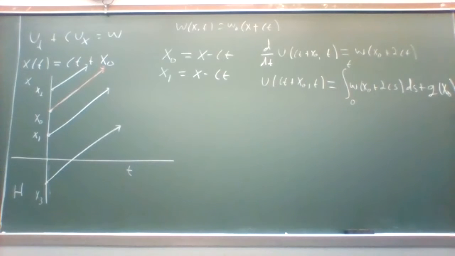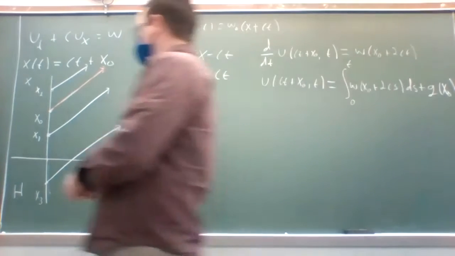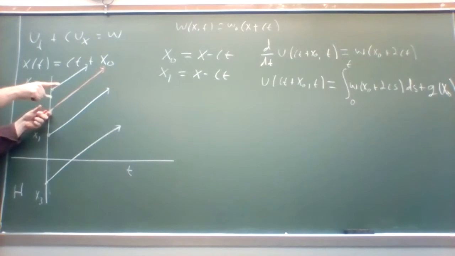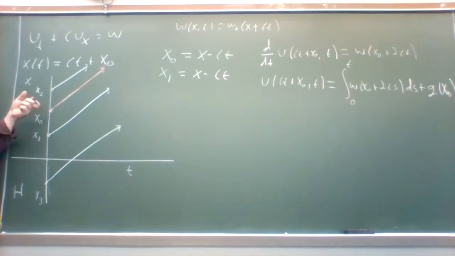And remember, the fundamental theorem of calculus says you integrate and then add the constant. Well, what constant do you add? This is your initial condition for the characteristic line. It's u at 0, x naught. And our initial condition was u 0 x equals g. So we arrived there.